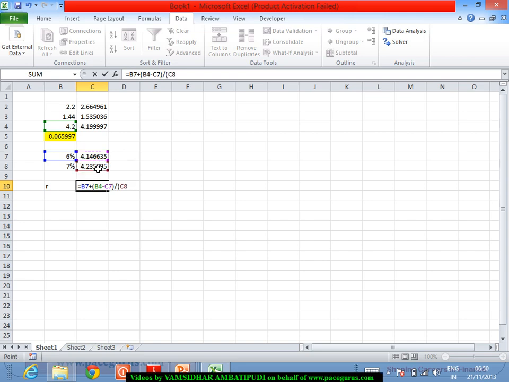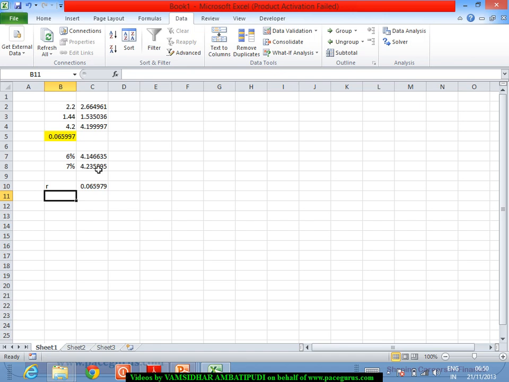This is the concept of linear interpolation, and this I multiply by the gap between the inputs, 7% minus 6%. So resulting in around 6.59, which was more or less similar to what we got using the spreadsheet.